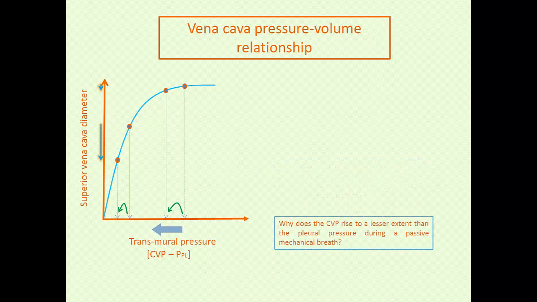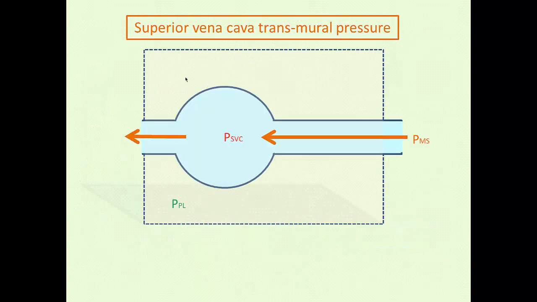So why does the CVP go up to a lesser extent than the pleural pressure during a passive mechanical breath? Well, this is a cartoon that you may have seen multiple times in my lecture. I've modified it a little bit. This is your thoracic box. This is your mean systemic pressure going into the thorax.